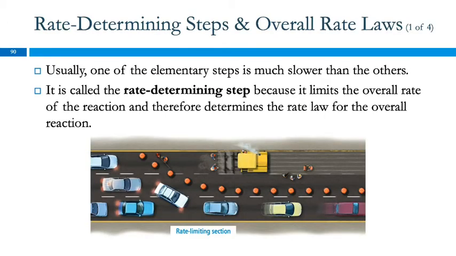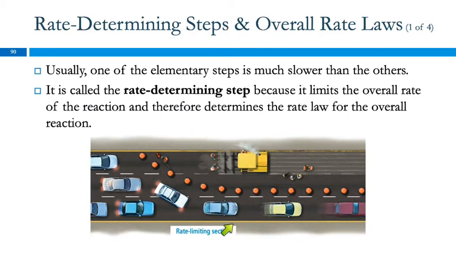So in that series of elementary steps, one of them is usually slower than the others. And that's the rate determining step. It limits the overall rate because the overall reaction cannot happen faster than the slowest step. So it's a little bit like a traffic jam. Here you have some road work happening, and this 3-lane highway is going down to 1 lane.